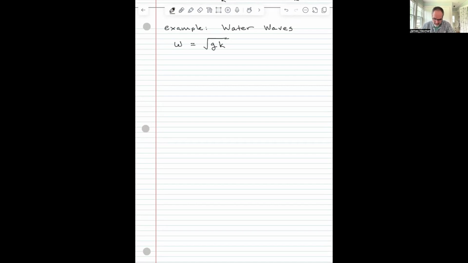Okay? So let's see what the phase velocity is for water waves in deep water. This is omega over k. And so it's the square root of gk divided by k, or the square root of g over k.